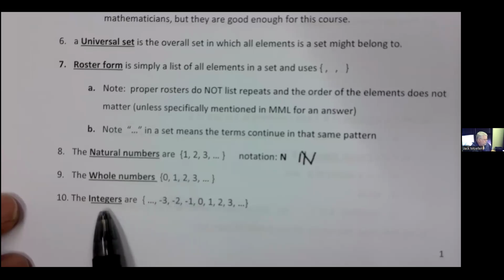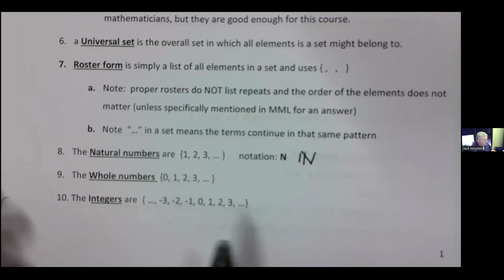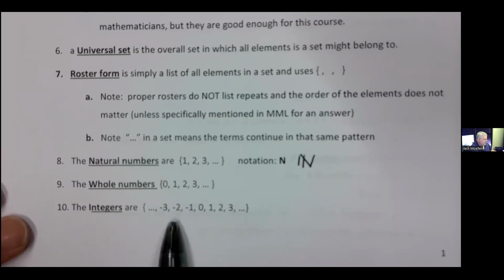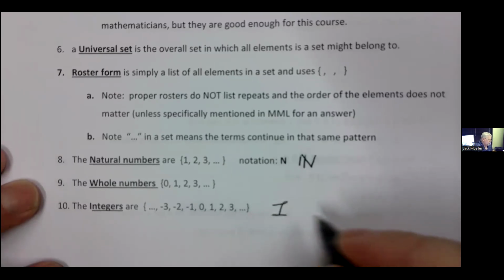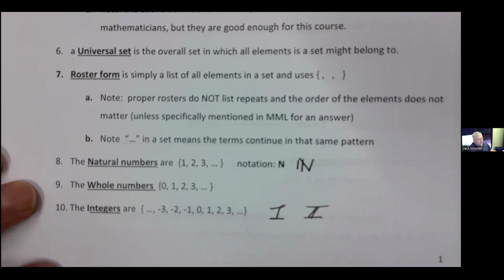Integers, well, we've subtracted, multiplied, divided integers. We tend to think of integers being the negative numbers, but the integers are the negative numbers and the positive numbers and zero. And again, non-fractions, non-decimals. Sometimes for integers, you'll see a capital I or a fancy double I. So it's integers.